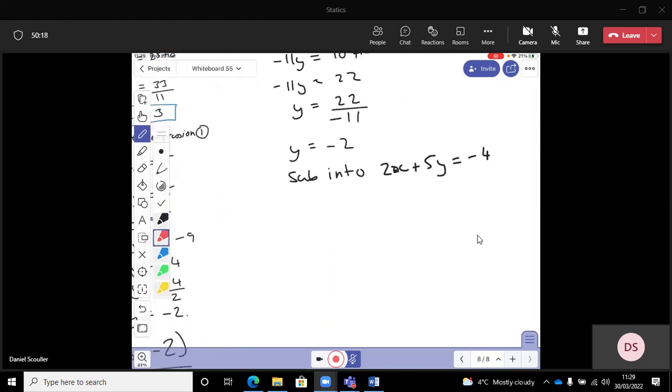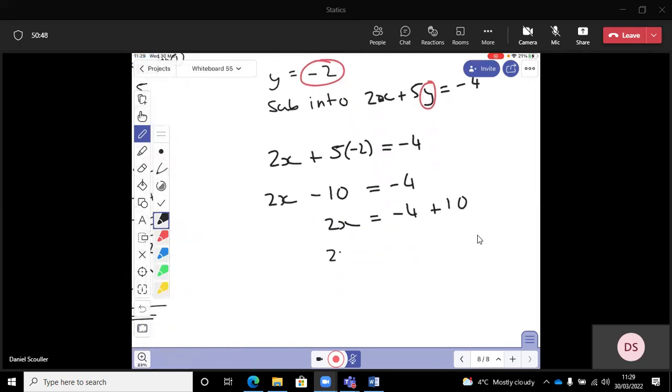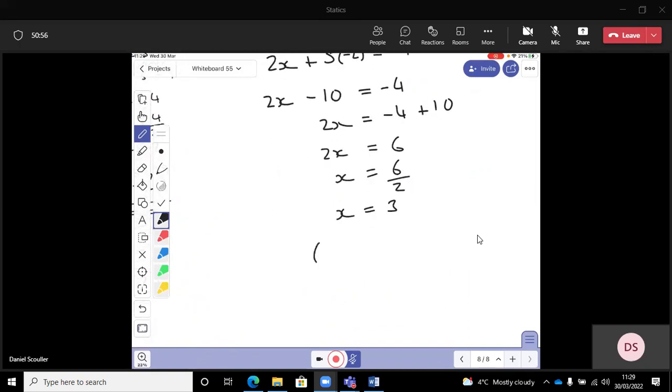If we substitute that y into here, we'd have 2x plus 5 multiplied by -2 equals -4. 2x minus 10 equals -4. 2x equals -4 plus 10. 2x equals 6. x equals 6 over 2. x is equal to 3. And we get the same answer.